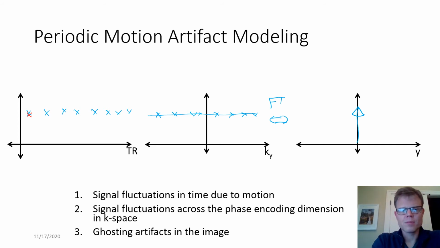So maybe for the first TR we get the same data, but now as we go from TR to TR, we get some periodic oscillation. And so when we take our data over time and put it into k-space, we're going to see the same pattern: some oscillation in k-space.